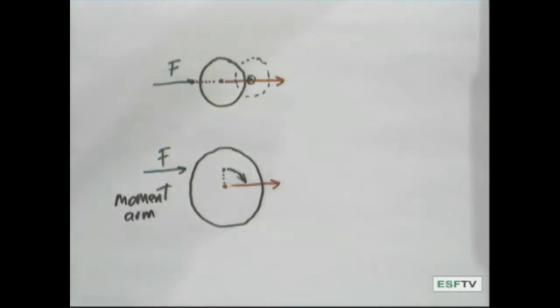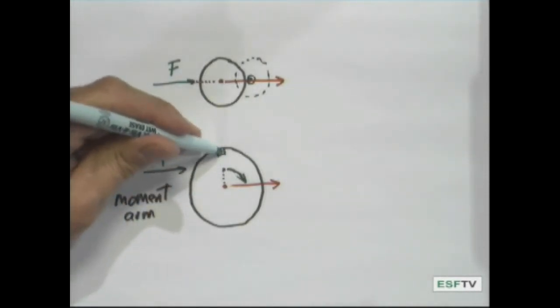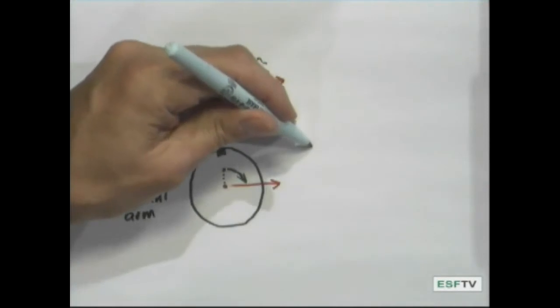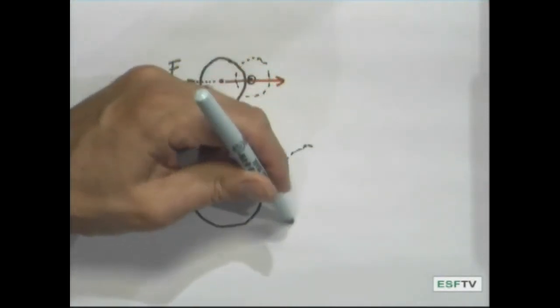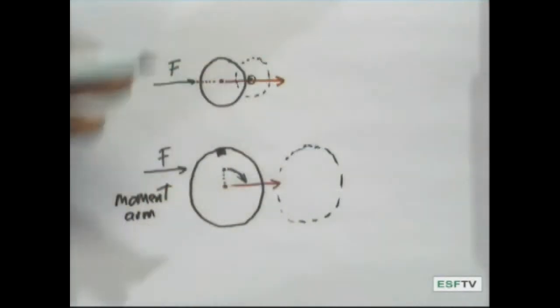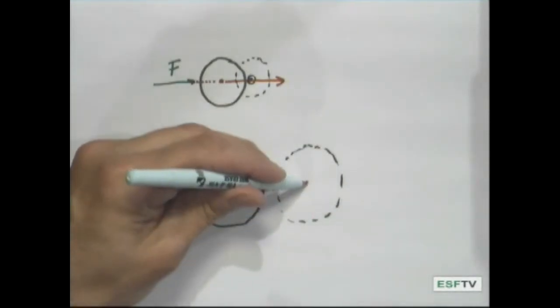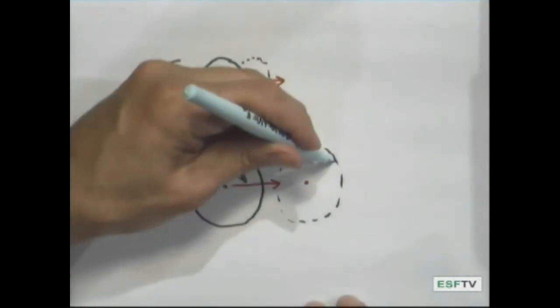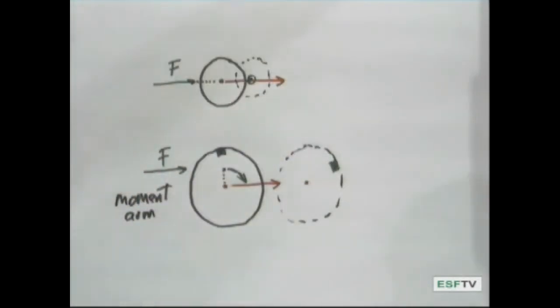And so if we put a little mark, for example, on our object, and we look at it a short time later, it's going to look like this. It's going to be the same size, unlike our previous mistake. The center of mass will be right there, but now our mark is going to be right there.